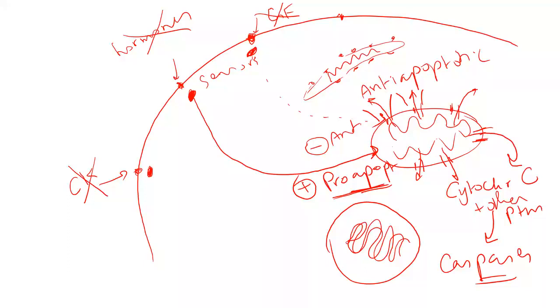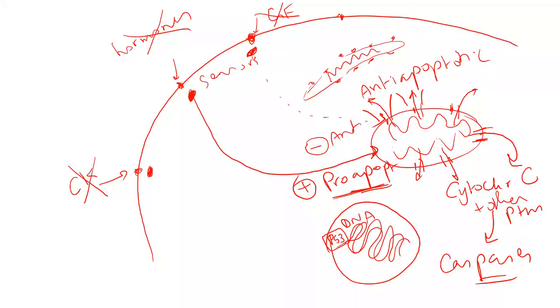Next, we have DNA damage. We have the DNA inside the nucleus, and this DNA is kept under control of a guardian called p53. So p53 is one of the guardians responsible for the safety of DNA.